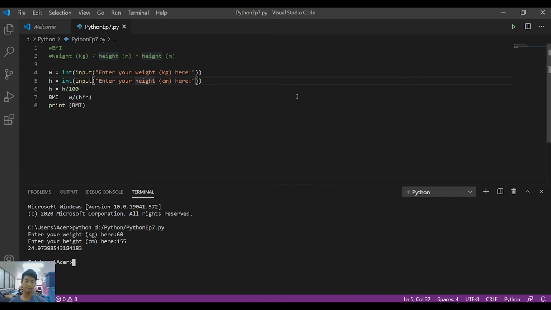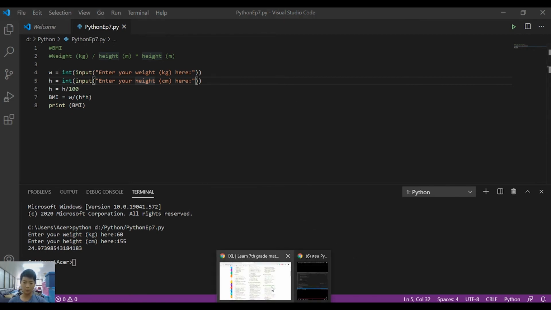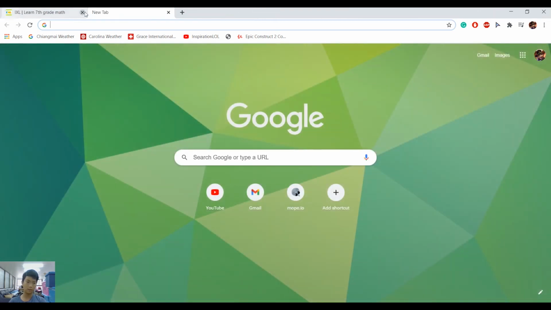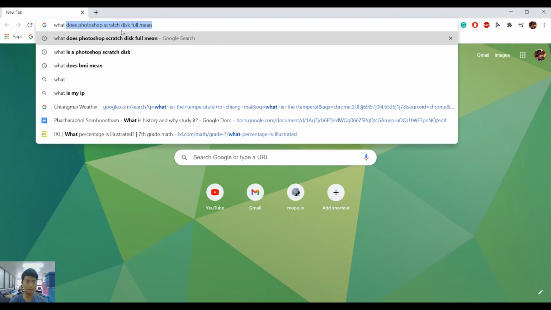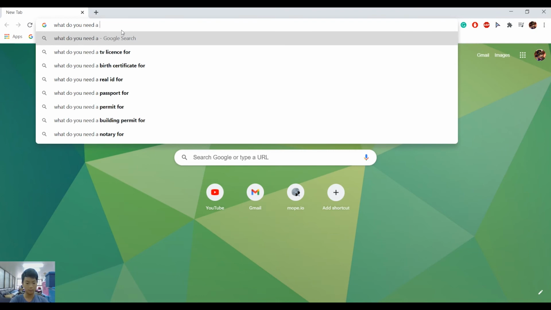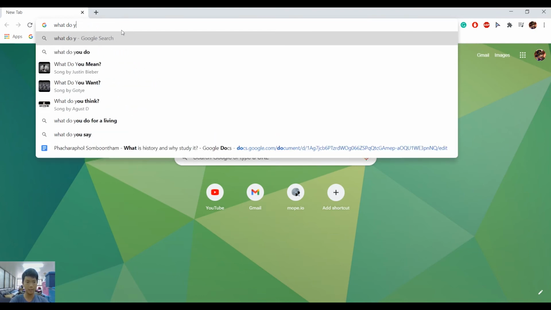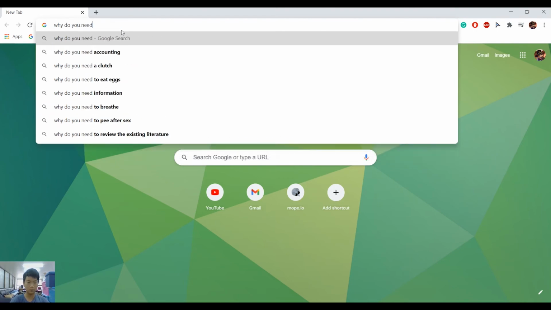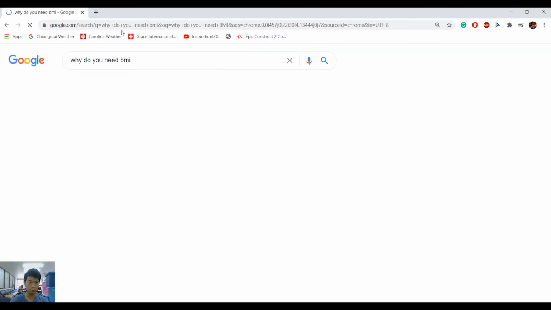It's pretty simple. I'm not sure what a BMI is used for. Let me just search it up. Why do you need BMI, or what is BMI?